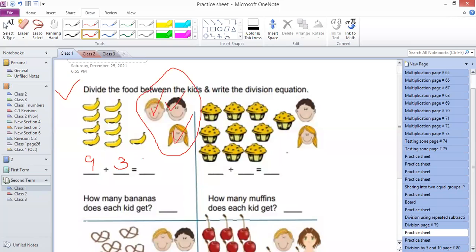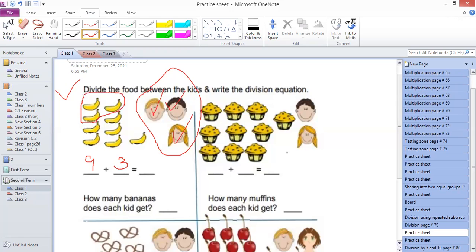9 divided by 3 equals? You can make groups. You are dividing among 3 people, make a group of 3. 1, 2, 3.